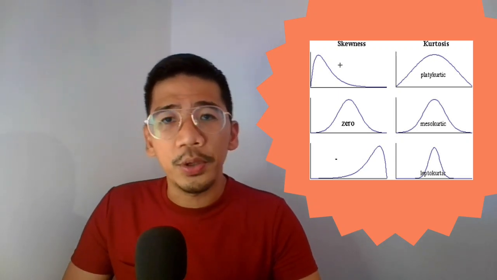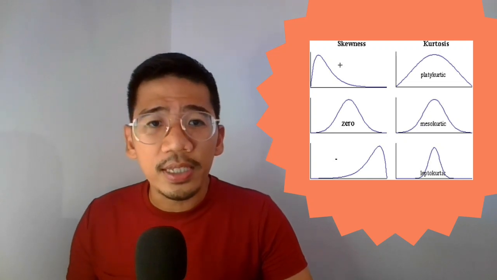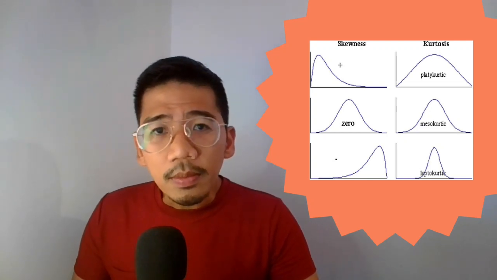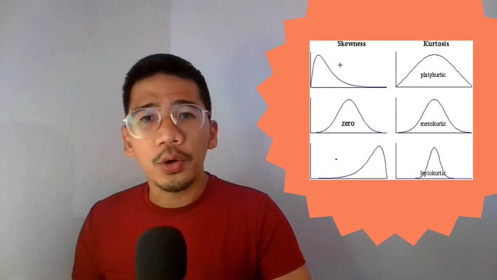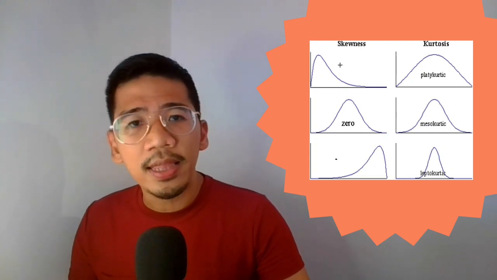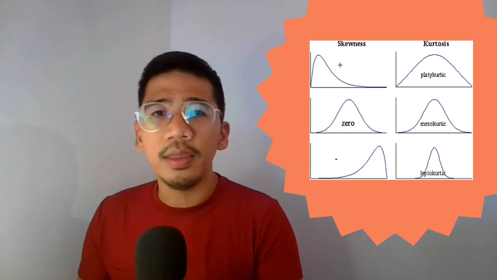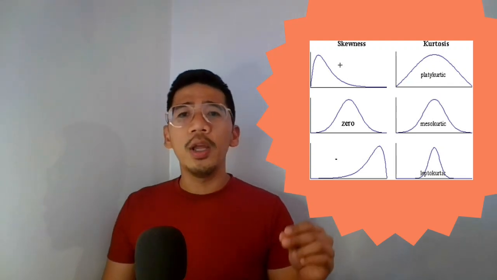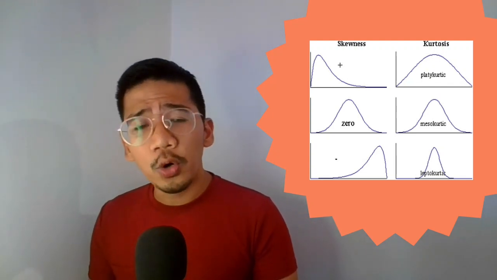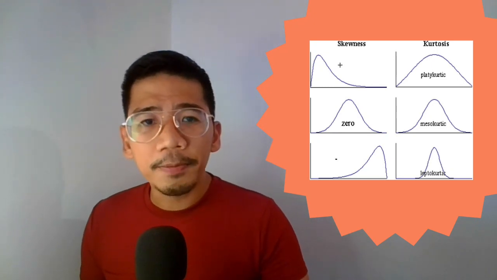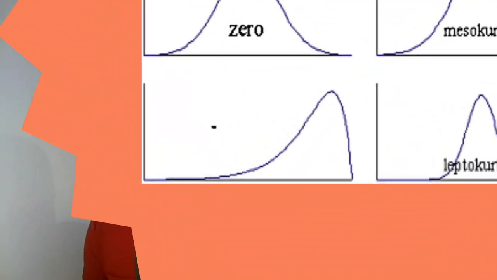A skewed distribution can be either positively skewed, where the frequent scores are clustered at the lower end and the tail points towards the higher or more positive scores, or negatively skewed, as seen here, where the frequent scores are clustered at the higher end and the tail points towards the lower end or more negative scores.